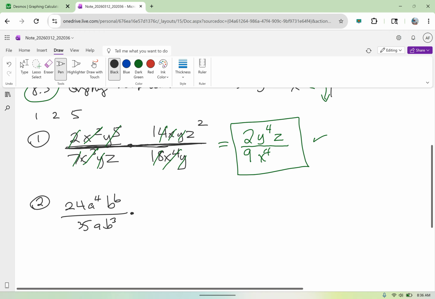So I'm going to rewrite this as multiplying by the reciprocal and flip it directly. So on top goes 7a^2c. On bottom goes 12abc. Again, I don't have any plus or minus symbols. This is all multiplication, so I can go straight into canceling.